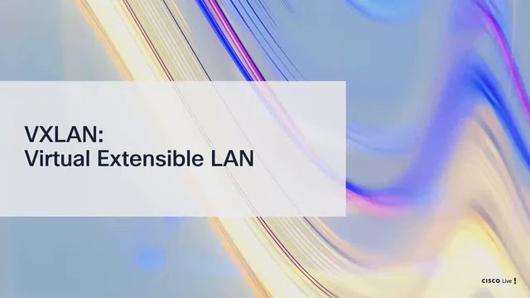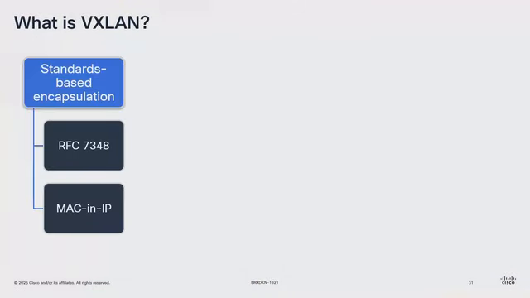So essentially what we did is we introduced something called VXLAN. VXLAN is a standards-based encapsulation based off RFC 7348. Instead of FabricPath, which was MAC-in-MAC, now we're taking that MAC frame and encapsulating it into IP, and in more detail, UDP, the User Datagram Protocol that we're all familiar with through layer 4.